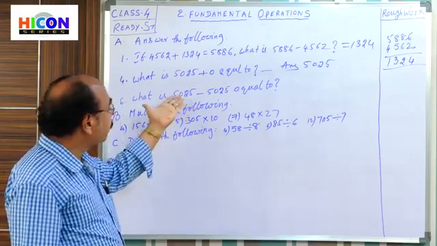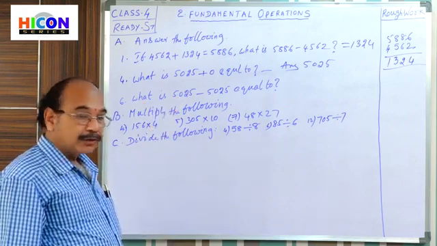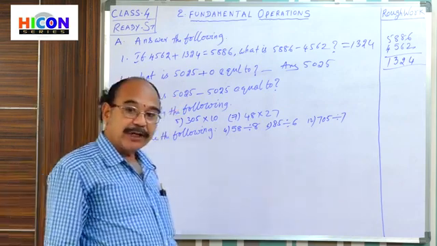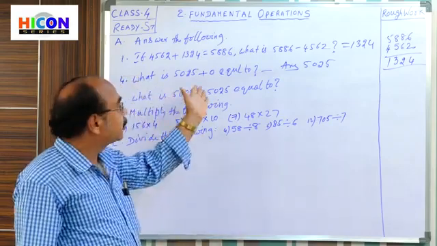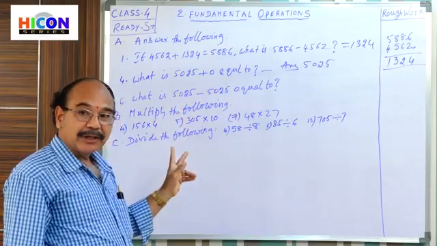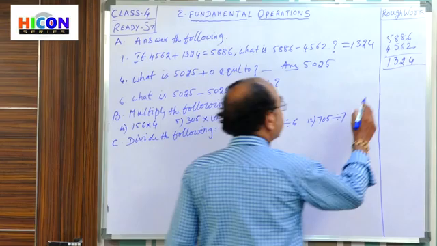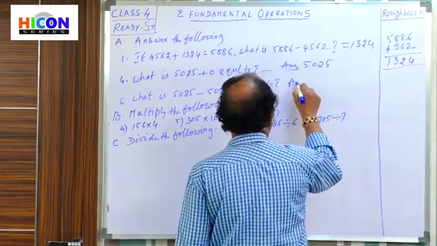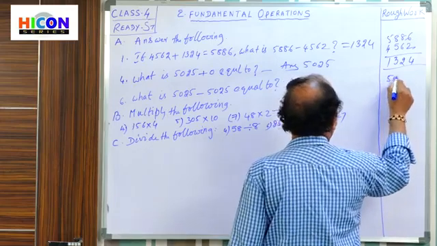Same number is subtracted from the given number 5025. So, in this case what do we get? 0 we get. Why? Because from the given number the same number is subtracted, both are equal here. That's why after subtraction we get 0. So here the answer is 0. In the margin you can check this answer.